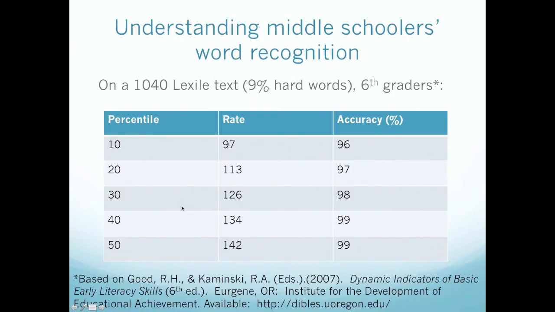So what we're seeing is that the students can recognize the words. They just are reading very slowly. And it's kind of a catch-22, right? They read slowly, they don't want to read more. Keith Stanovich used a Bible verse for that to describe the Matthew effect. Those who have get better, and those who don't get worse.